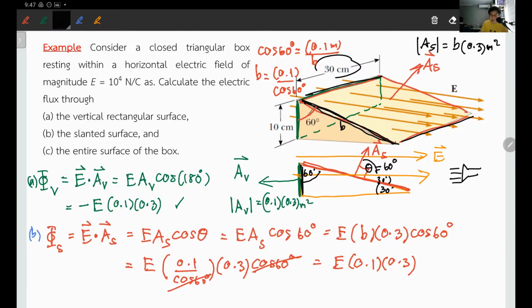You get the black shadow on the left. Or what I'm saying is the shadow of the slanted surface, the red surface, will give you this shadow right here. With me? So that's why this 0.1 times 0.3 is the A S perpendicular. It's a shadow. Yes?